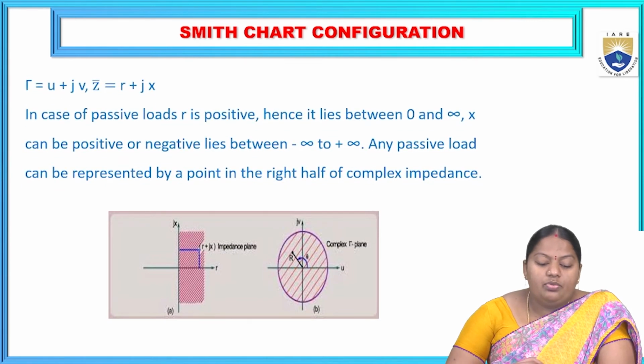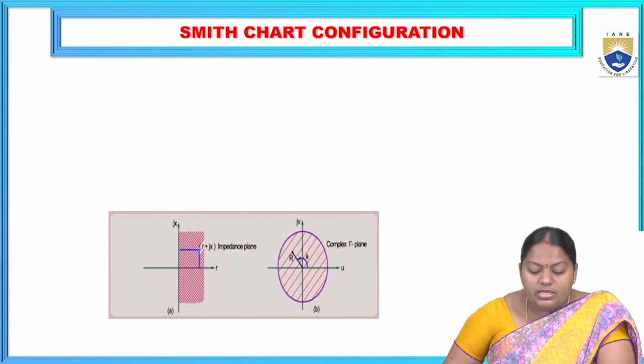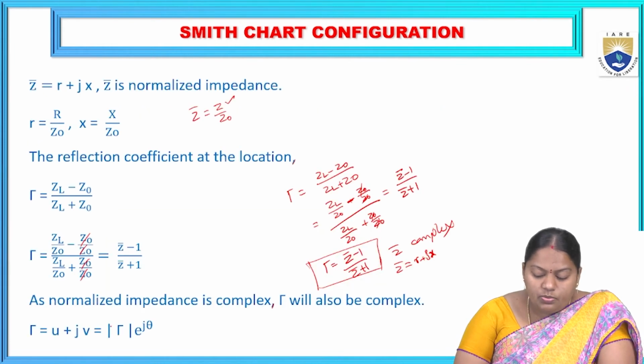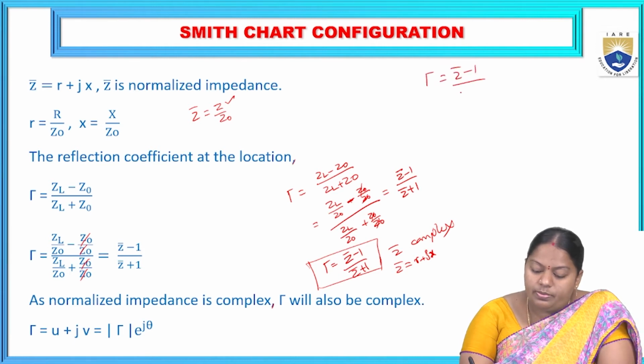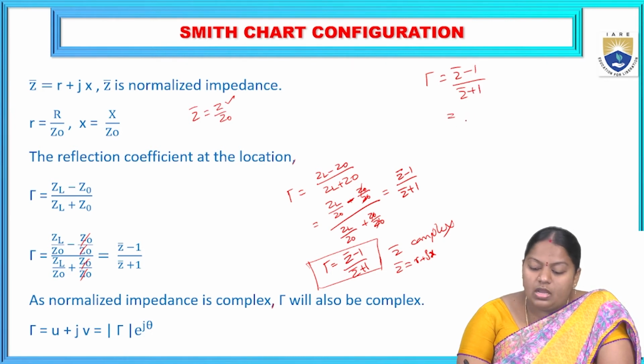Now from that relation, we have gamma equal to u plus jv and Z bar equal to r plus jx. If you substitute Z bar in gamma equal to Z bar minus 1 by Z bar plus 1, it becomes r plus jx minus 1 by r plus jx plus 1, so r minus 1 plus jx by r plus 1 plus jx.